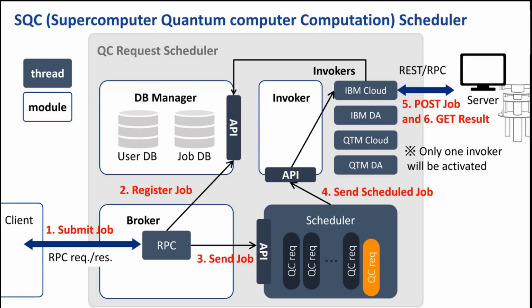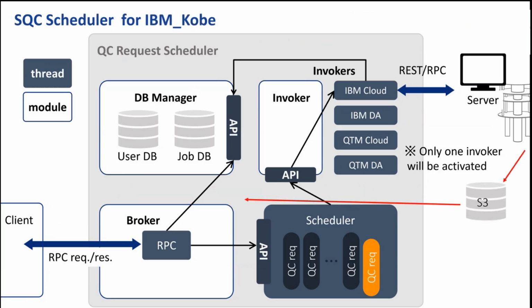This is posted to the quantum computer, and the result is registered to the database manager and then sent to the user. But in the case of IBM, they ask us to use an S3 server to exchange data between the user and the quantum computer, so our scheduler retrieves the result data from the S3 server and then gets it back to the user.